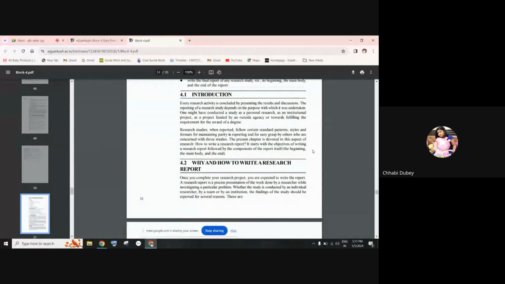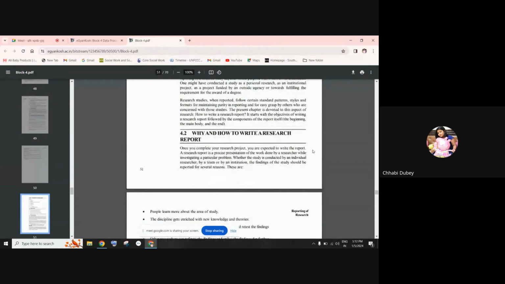It consists of all the work that has been done by the researcher, and whether the study is conducted by an individual researcher, a team or an institution, the findings of the study should be represented by the research report.